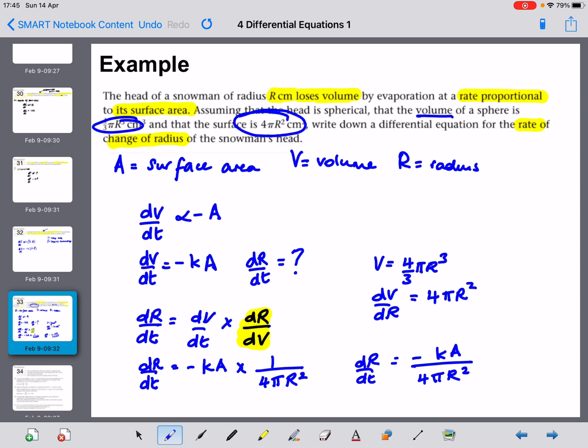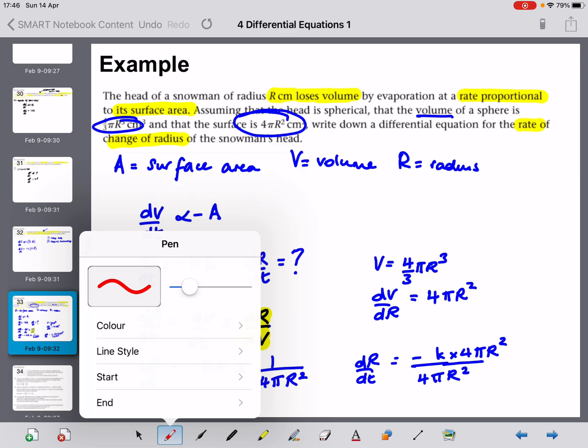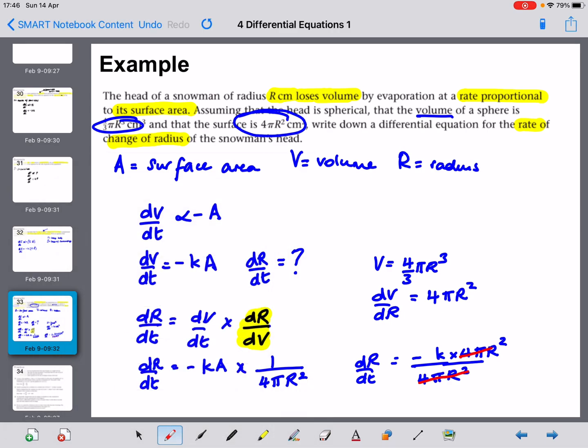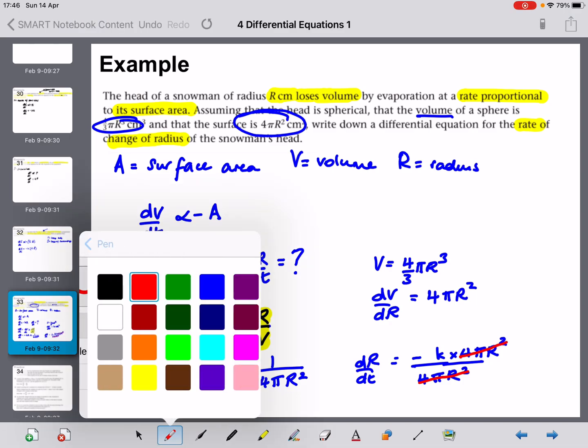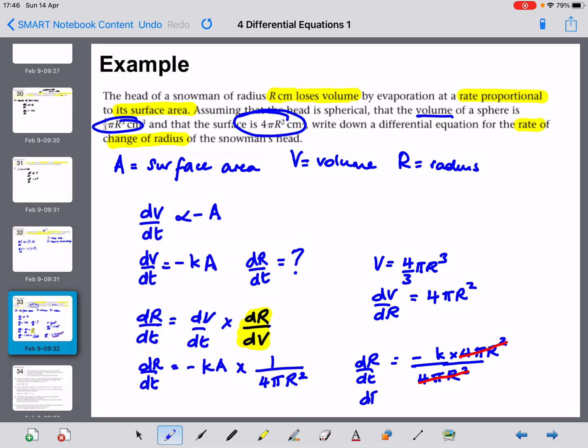So if I replace the A with 4 pi r squared, then all of that and all of that cancel out, and we're left with something really nice, which is dr by dt equals negative k, and that is our differential equation for the rate of change of the radius.